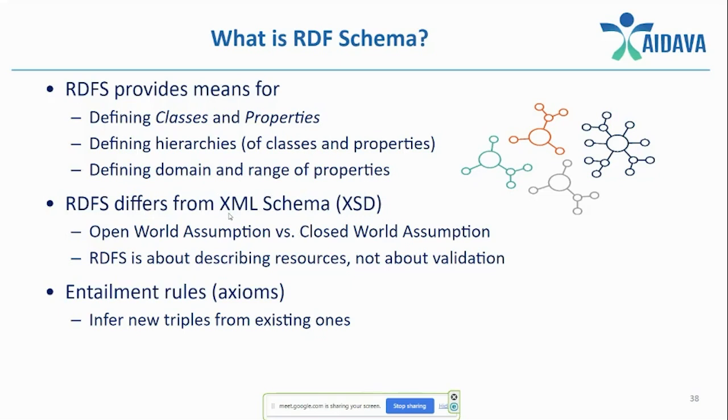And just to mention that RDFS, or RDF Schema, is not supposed to be used for validation of the data in RDF, while we have other approaches and standards already established working on top of RDF knowledge graphs that can be used, like SHACL and ShEx, which are defined exactly for that particular purpose.